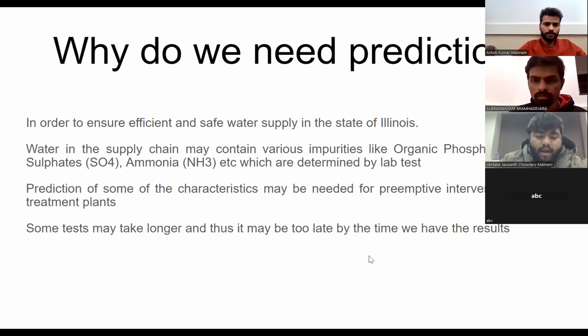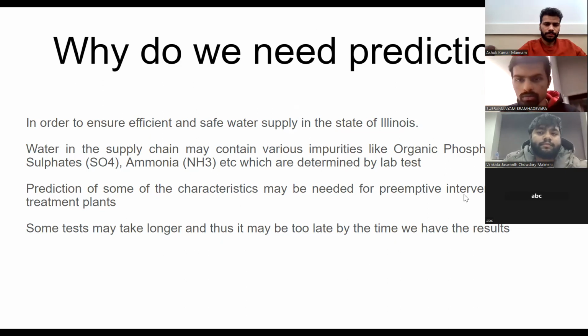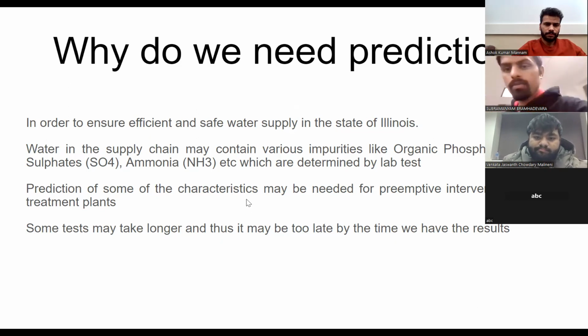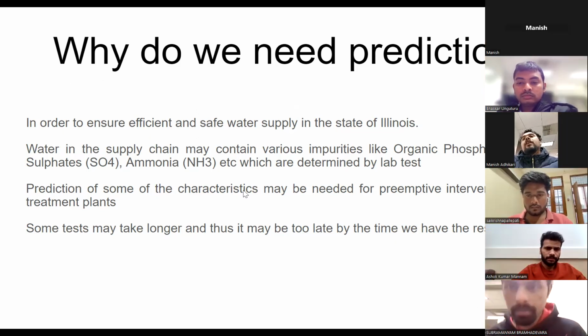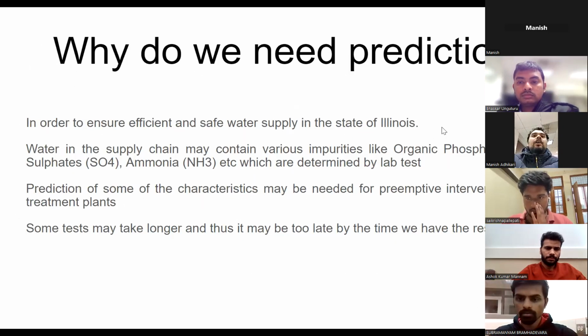If you have a way of predicting some of the characteristics, then the water treatment plant may be able to do some preemptive intervention on the water, in order to treat it before it gets unsafe to drink or something.